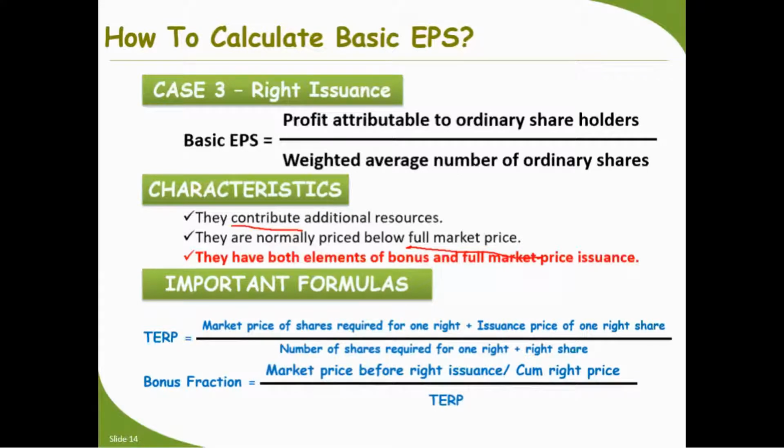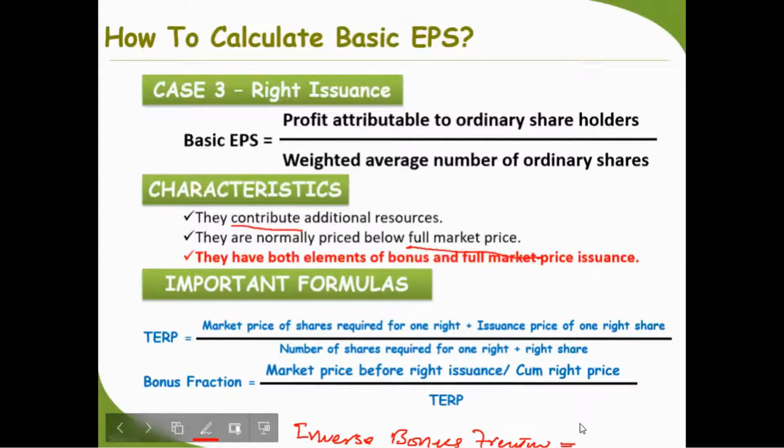Then there is another formula called the inverse bonus fraction. It is the inverse of this formula: TERP divided by cum-rights price.